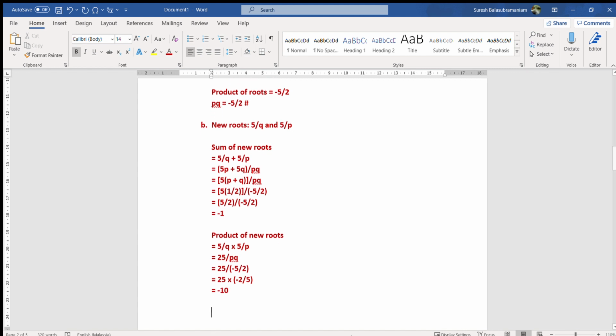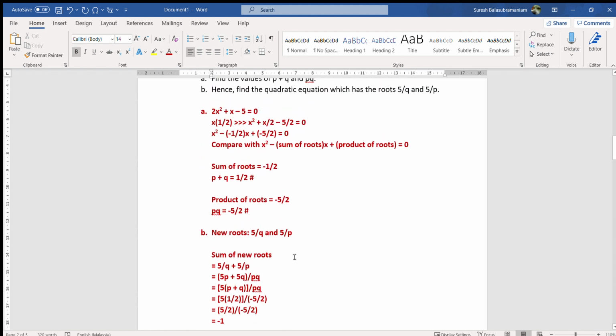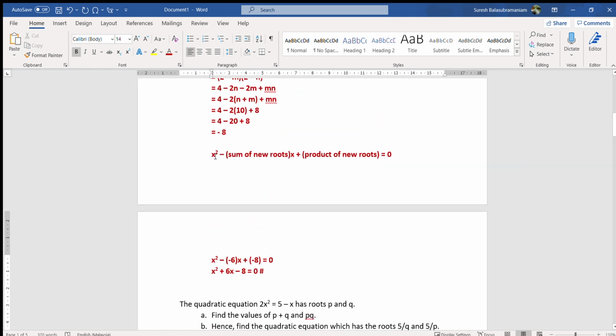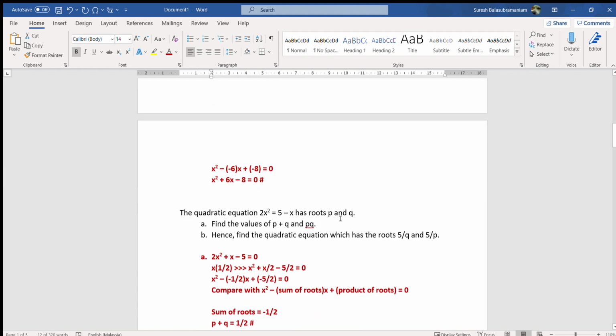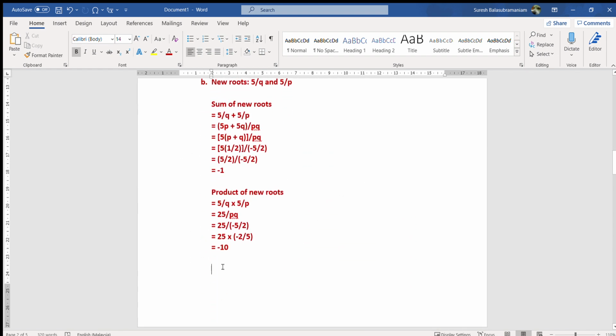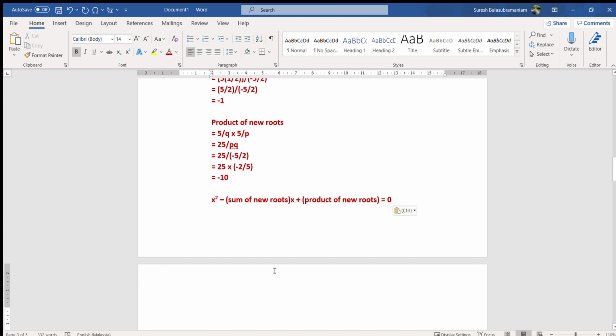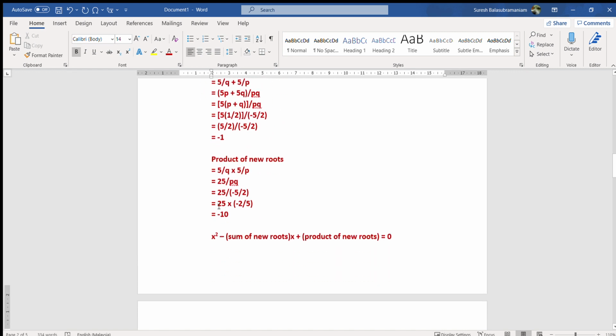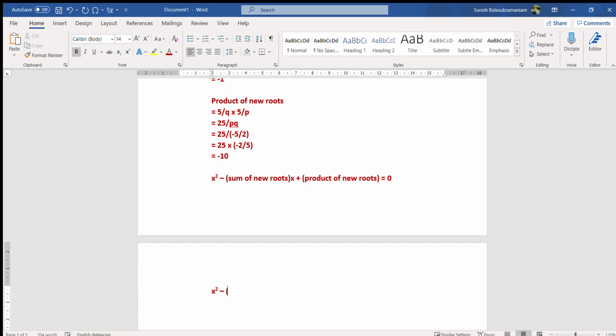So I can use the sum of new roots and product of new roots. Maybe I'll just copy this one, place that in that equation. So x square minus sum of new roots x plus product of new roots equals to 0. So x square minus sum of new roots is negative 1 x plus product of new roots is negative 10.